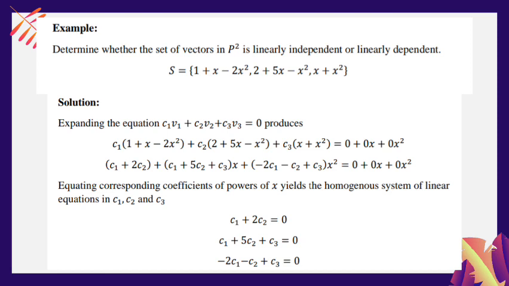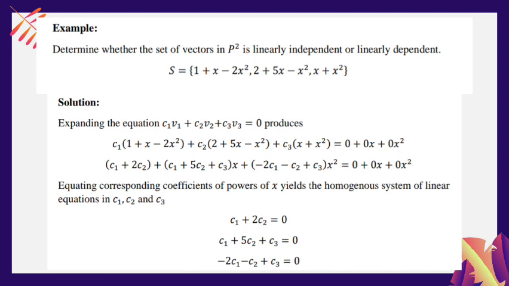Solution, expanding the equation C sub 1 V sub 1 plus C sub 2 V sub 2 plus C sub 3 V sub 3 equals 0, it produces C sub 1 times (1 plus x minus 2x squared), which is the V sub 1, plus C sub 2 times (2 plus 5x minus x squared), which is the V sub 2, plus C sub 3 times (x plus x squared), which is the V sub 3, equal to 0 plus 0x plus 0x squared.